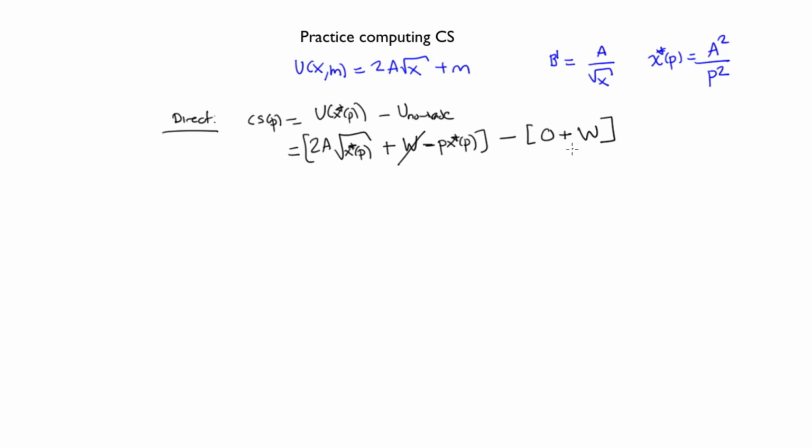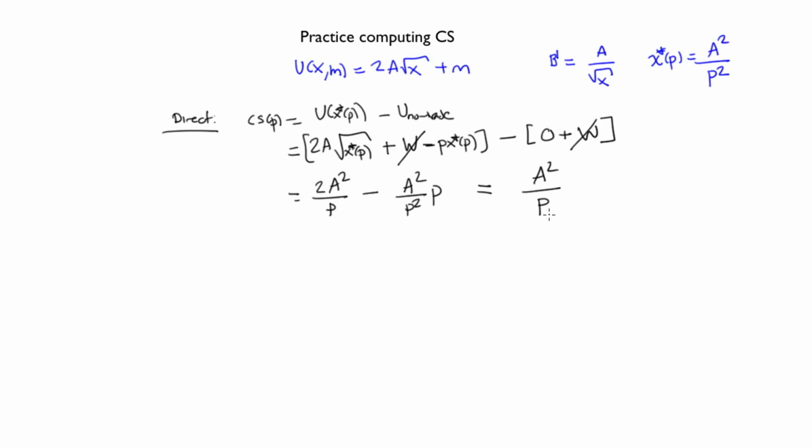Now the wealth cancels in both cases, and substituting the definition of the optimal demand, this is equal to 2a squared divided by p minus a squared over p squared times p, and this is just equal to a squared over p. So we have derived that for any price p, the consumer surplus is a squared over p.